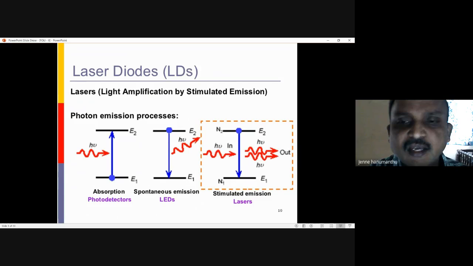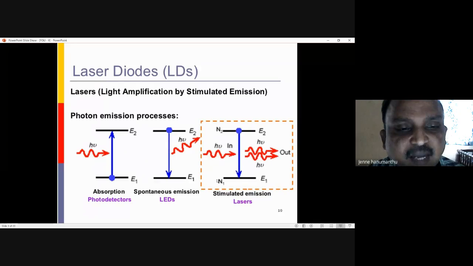Remember, an optical communication system can be established by having optical fiber as the medium, and a transmitter and receiver. On the transmitter side there are optical sources, and on the receiver side there are optical detectors. You all know this. On the optical source side, you may have LEDs or lasers.